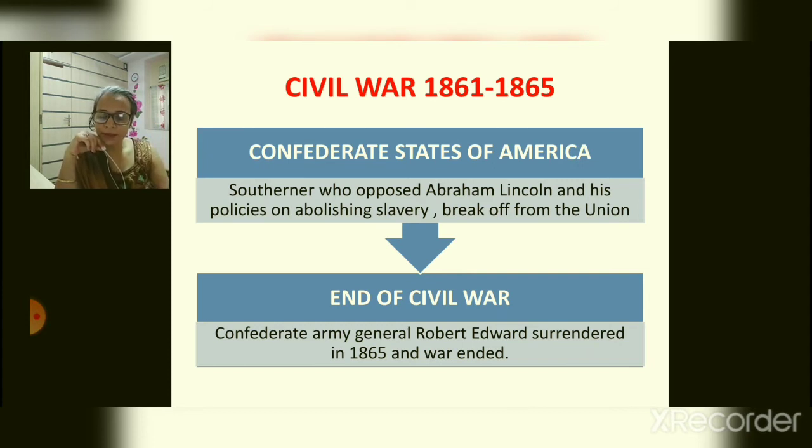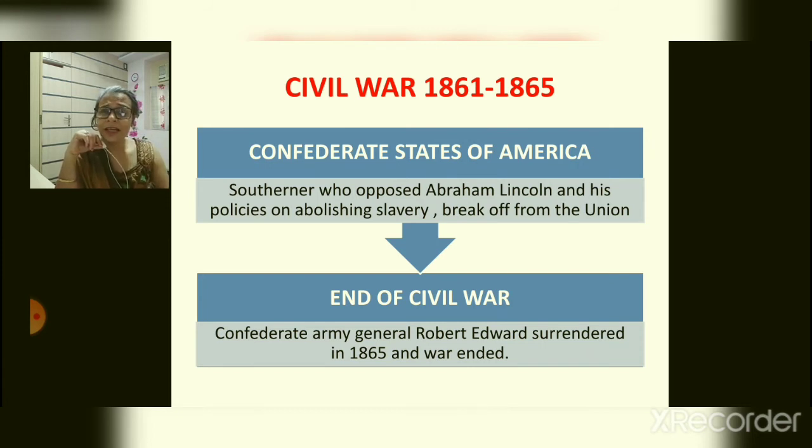But ultimately, the southern people could not take it anymore, because the North had concentrated more on promoting their industries and their infrastructures, whereas the infrastructure of the South was not that good. Besides, financially they were much better than the people of the South.